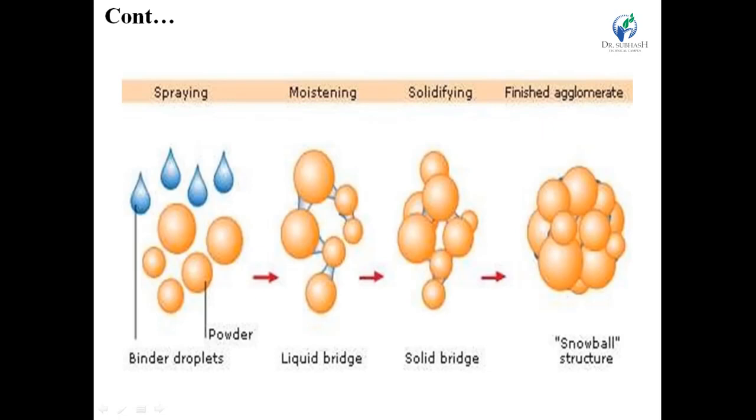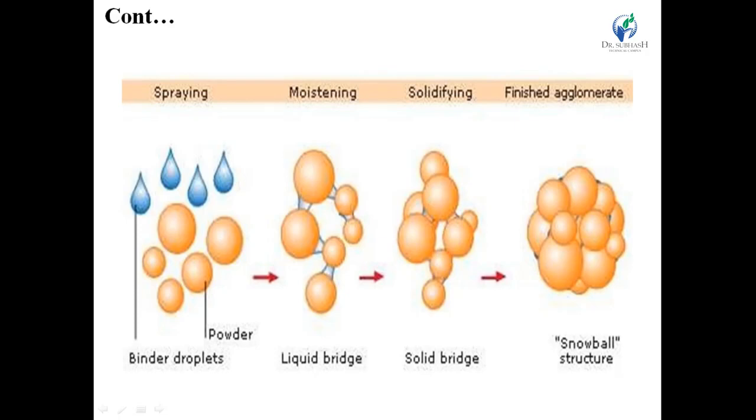In this figure, the first step is spraying, the second is moistening, the third is solidifying, and the last is the finished agglomerate. In the first step, dry powder is present and we add a spraying reagent.